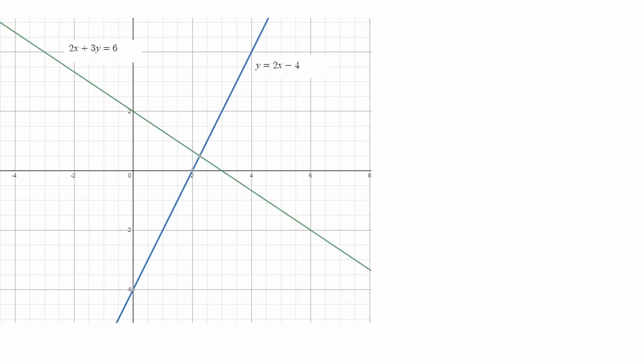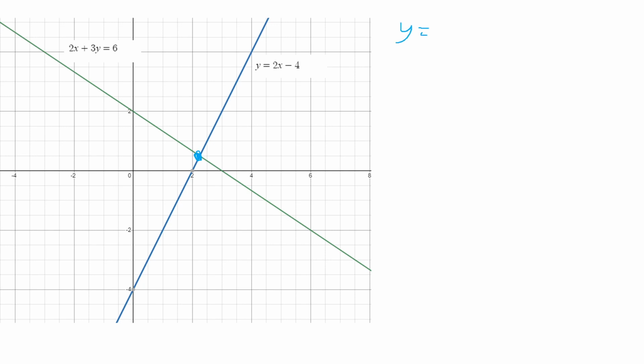So, okay, let's first of all look at an example, right? We're told that y is equal to 2x minus 4, and 2x plus 3y is equal to 6, right? What is the point of intersection going to be? What we're going to do is substitute in one for the other.